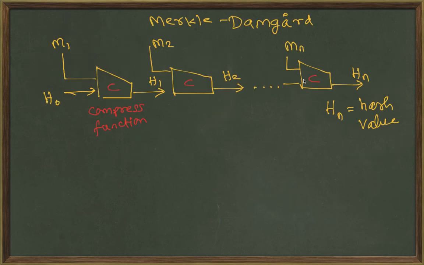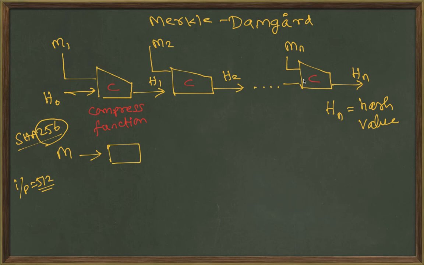The way the Merkle–Damgård construction works is something like this. Let's say you have your message m. It will usually divide the message m into blocks. For example, let's take SHA-256. In SHA-256, the input block size is always 512 bits, whereas the output is 256 bits. So the message is divided into n number of blocks.